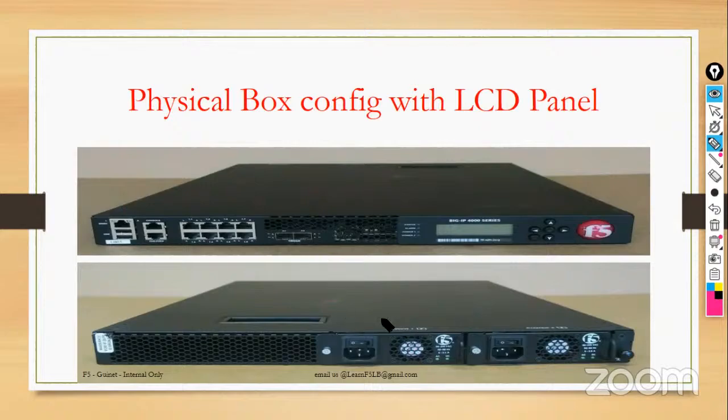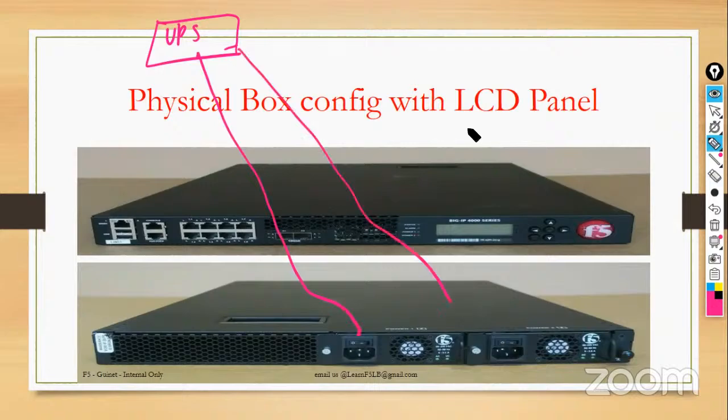So for example, this is the F5, and in your data center there is a UPS. Does everyone know what a UPS is? Yes. Good. And we need to configure this box. So my F5 is connected to this one and this one.